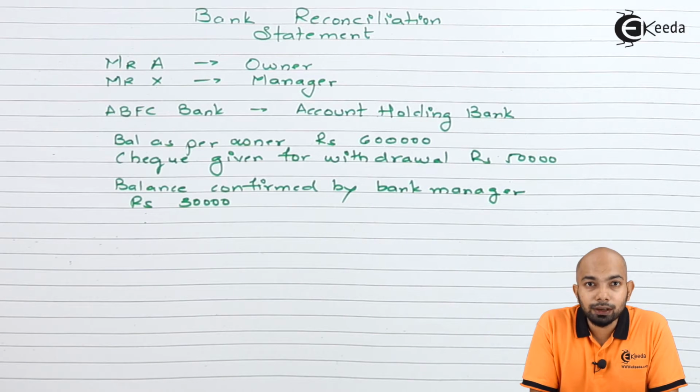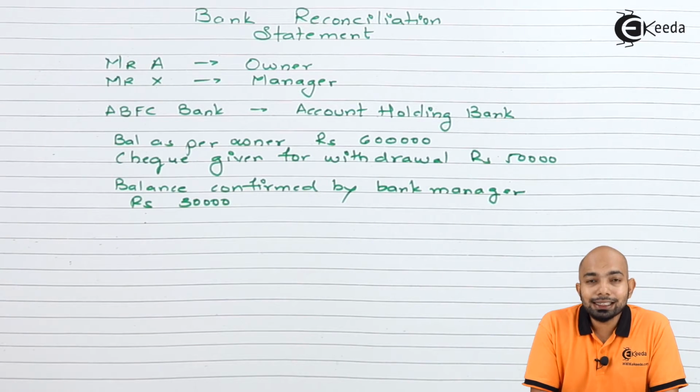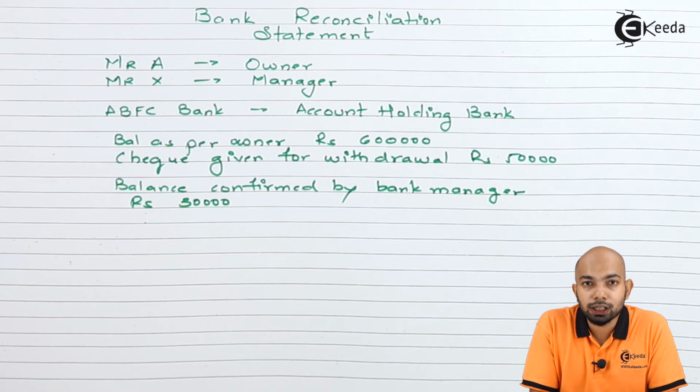This statement will provide him the details of the transactions he has mentioned in the cash book and the transactions that have been mentioned in the passbook. There is a lot of information available in the passbook which seems to have been missed out in the cash book balance. Hence, there is a difference between the cash book transactions and the passbook transactions.